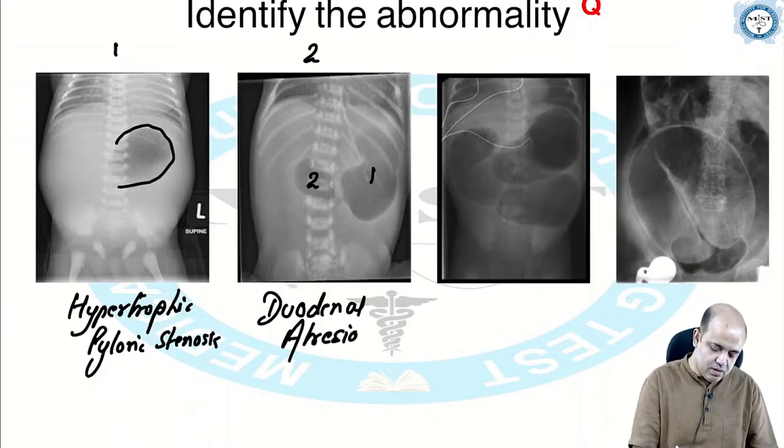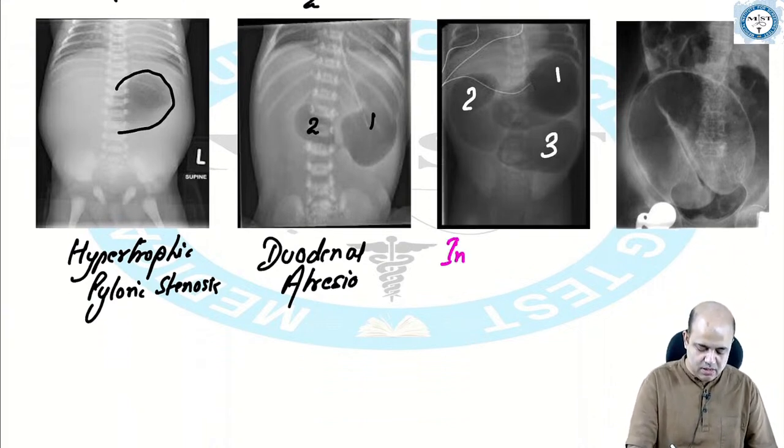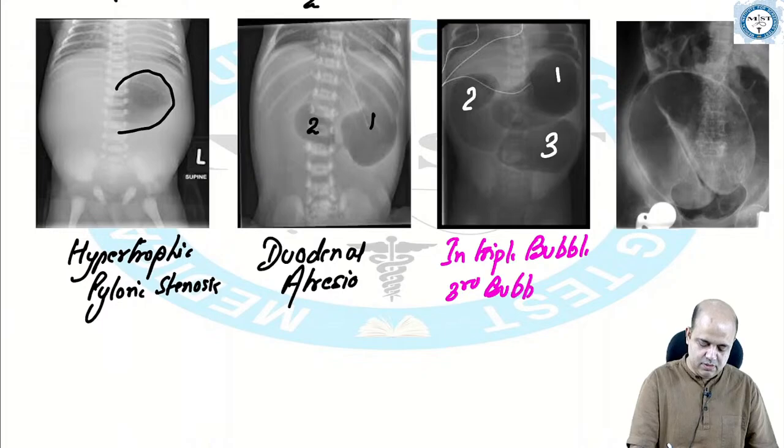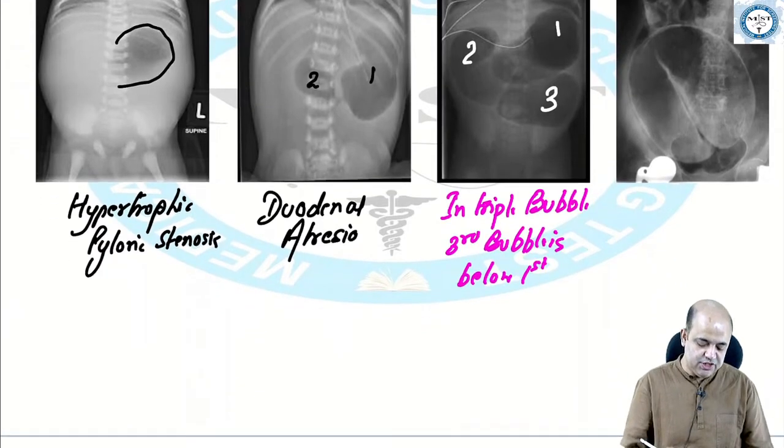Triple bubble, the third bubble will be below the first bubble. In triple bubble, the third bubble is below the first bubble. This is jejunal atresia.